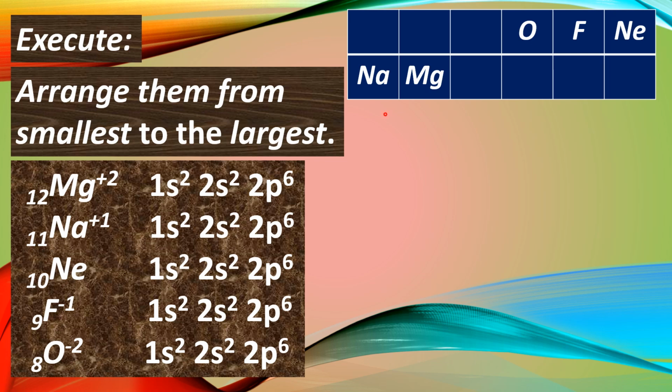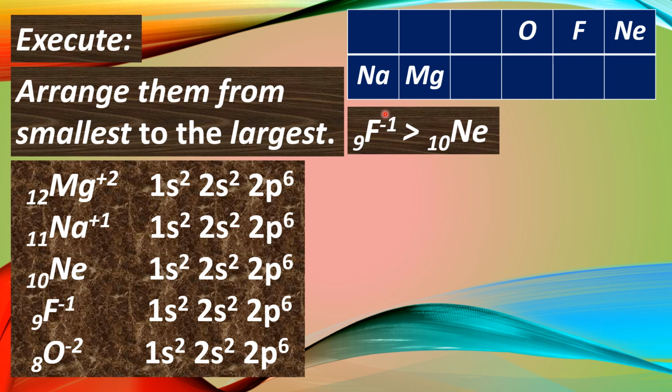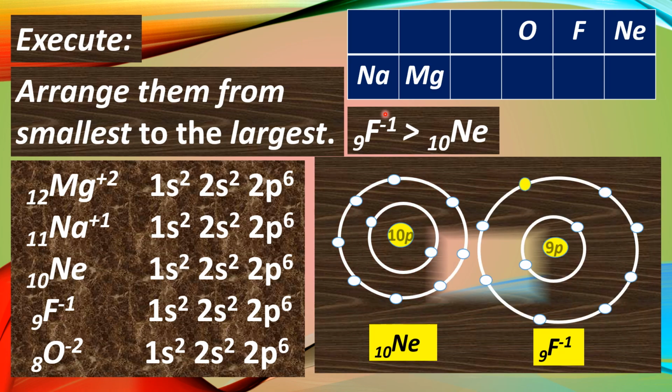However, compared to a negative fluoride ion, a neon atom is smaller in size. And it is because the negative fluoride ion has acquired an additional electron, making its number of electrons in the outermost energy level equal to 8 electrons, the same as that of the neon atom.